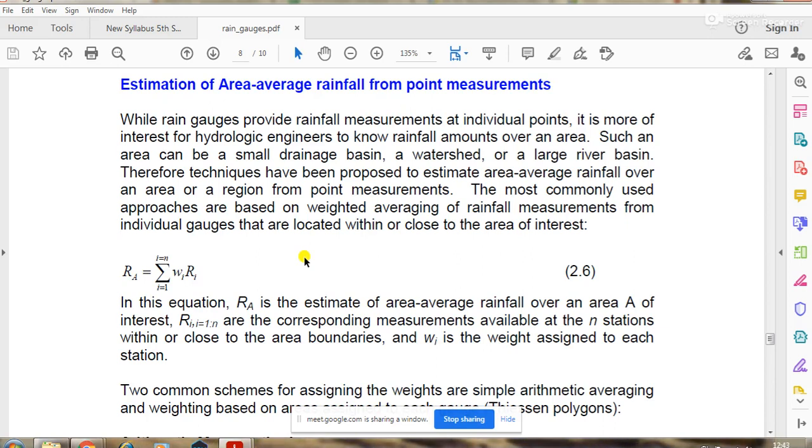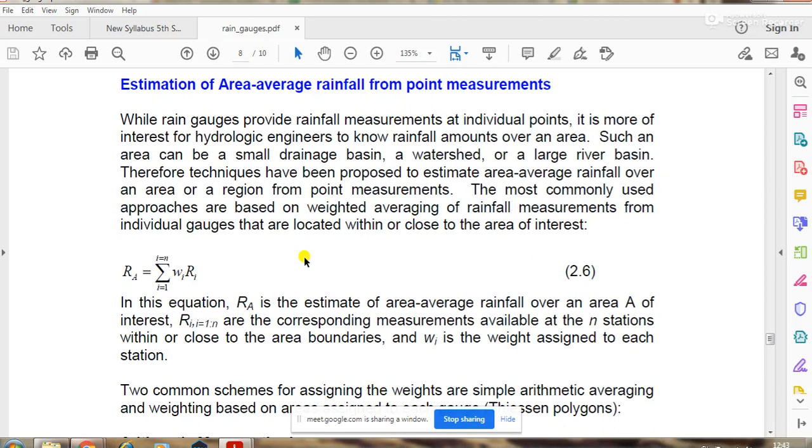Ra is the estimate of the area average rainfall, so that is why R suffix A has been named, over an area capital A of interest, where Wi is the weight assigned to each station.